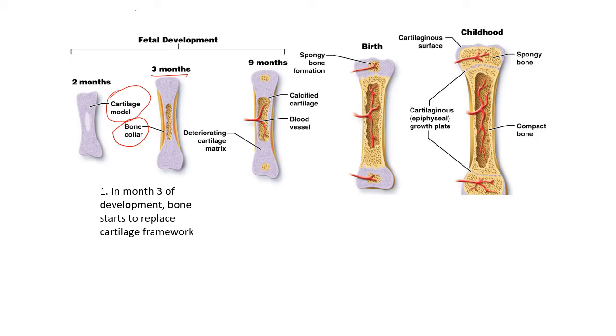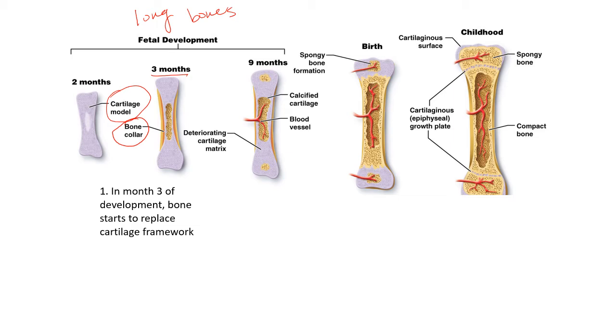This is an example of fetal development in long bones. Notice again, we have a bone that is longer than it is wide. This bone collar forms at the shaft of the long bone, which is typically where the bone is going to experience the most force. So that's the first place that bone is going to replace that cartilage.